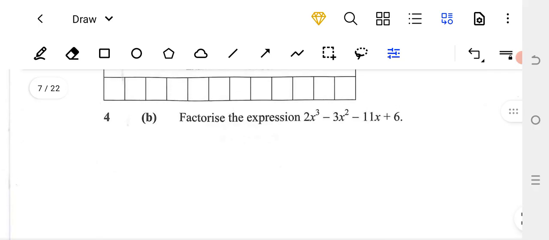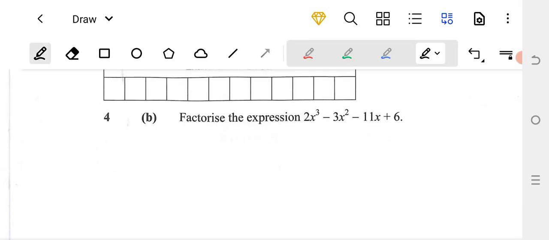So what we do is start finding numbers that you can substitute as x in this expression, and then they'll give you an overall value of 0. So if you try negative 1, it's not going to give you 0. Positive 1 is not going to give you 0.